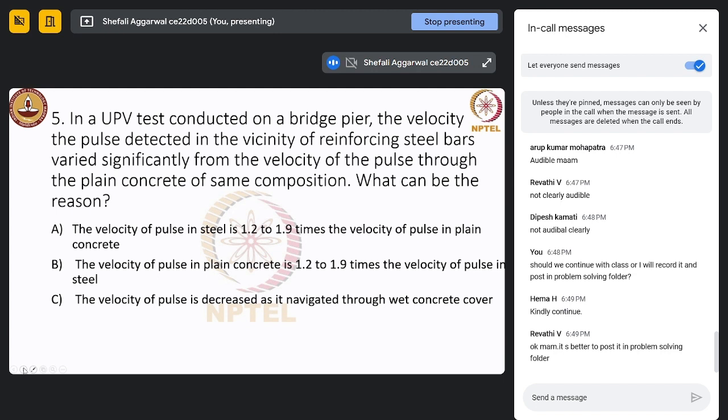In a UPV test conducted on a bridge pier, the velocity of the pulse detected in the vicinity of reinforcing steel bars varied significantly from the velocity of the pulse through plain concrete of the same composition. What can be the reason for this?